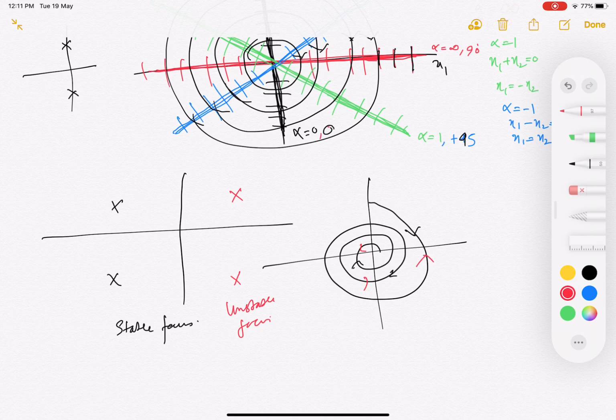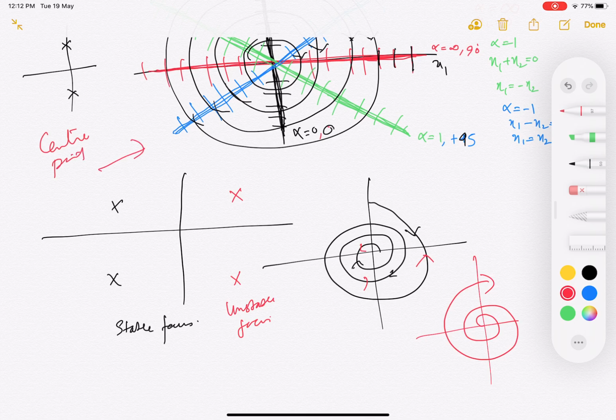The direction would be outwards, right? So it'll be something like start from the spiral, go out, right? This is an unstable focus. This is called the center point. And if you have a center point, it's a marginally stable system, you'll get a circle, right? So you get something like this.